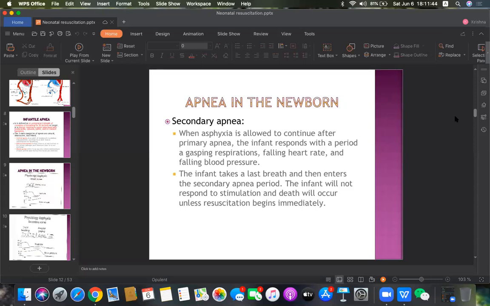So I definitely need to do vigorous resuscitation, and that should be done by bag and mask ventilation, done by ambu bagging. Bag and mask ventilation is necessary in the resuscitation of secondary apnea. Otherwise, the baby will die. Only stimulating the baby may not be enough in secondary apnea.